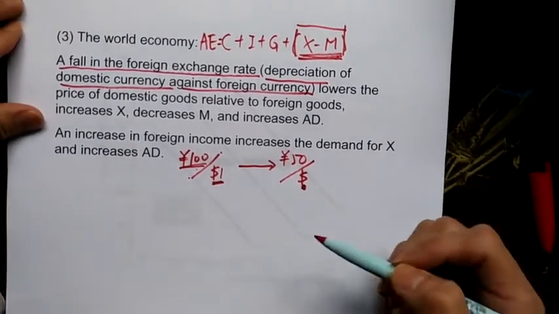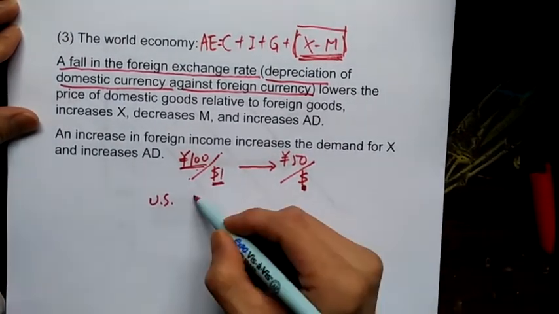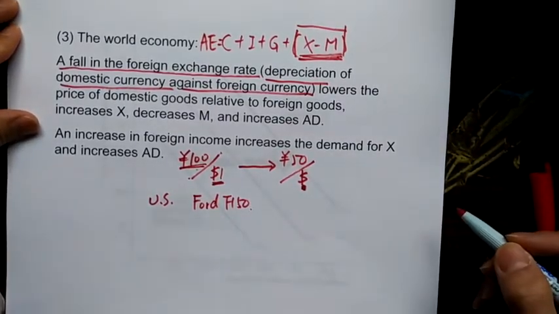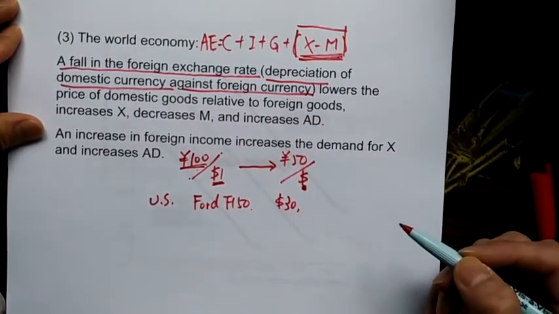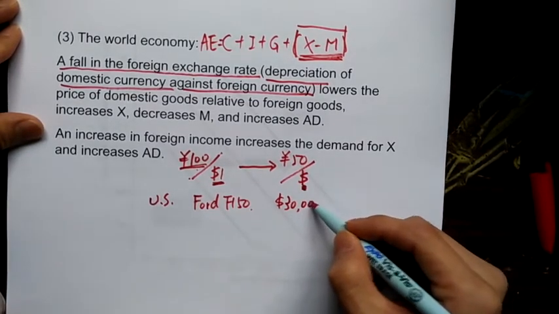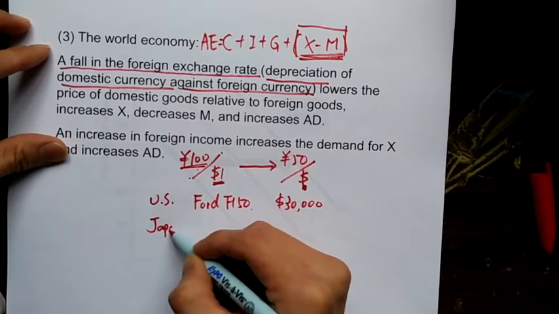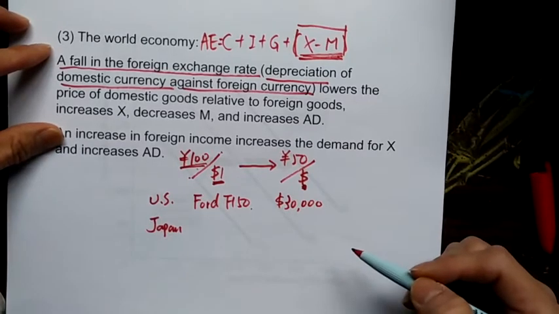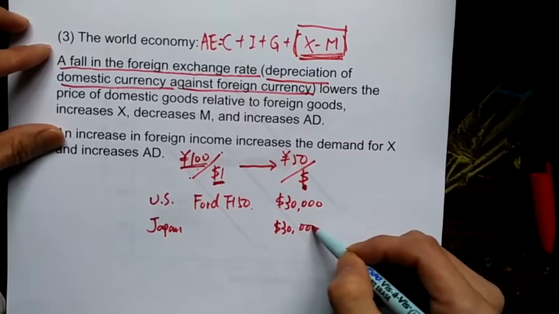Now think about this. In the US, we produce the F-150, and Ford sets the price to be $30,000 for the F-150. Now in Japan, if a Japanese buyer wants to buy this F-150, Ford is going to charge them $30,000.